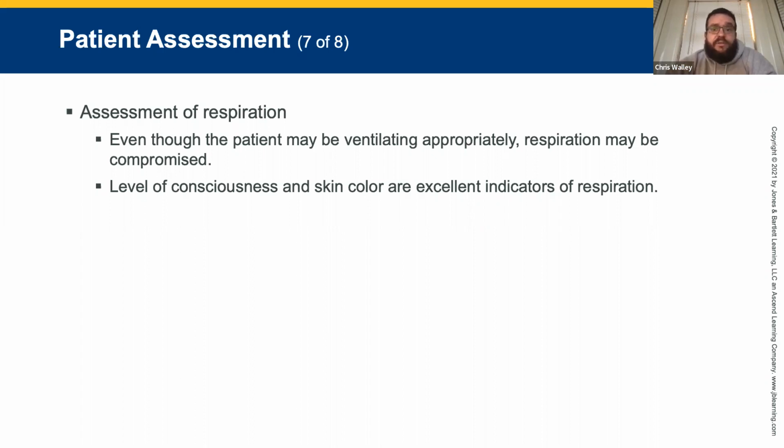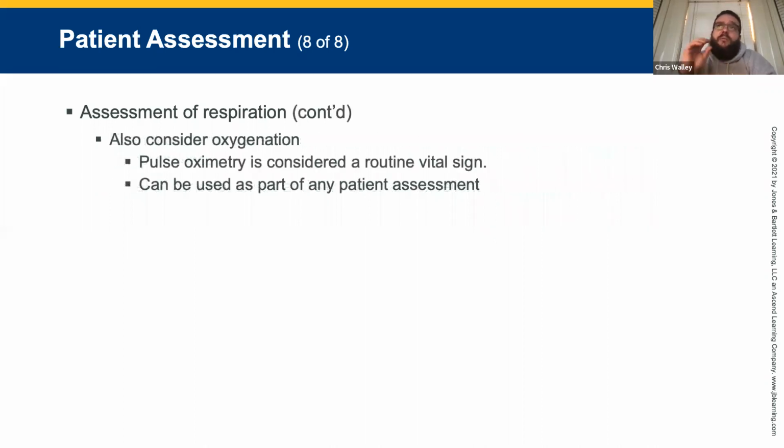If they look pale and cyanotic, you start to see blueness around the lips, their fingertips look a little bluish, the fingers are a little blue, those are signs of inadequate respiration. So we know we have to do something to fix that. We need to supply some sort of oxygen to help them breathe better or remove them from the area.